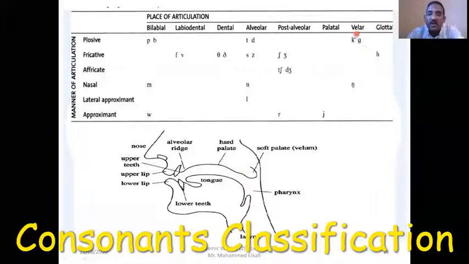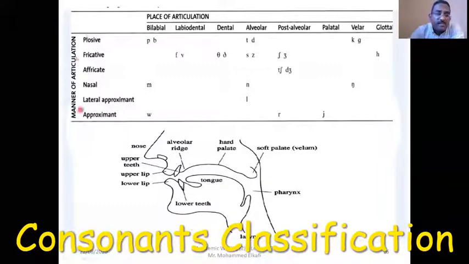Okay, so ka, ga, and ng are velar, from this area. And the last place of articulation is glottal, which is connected with the glottis, as in ha. Okay, so ha here is glottal.